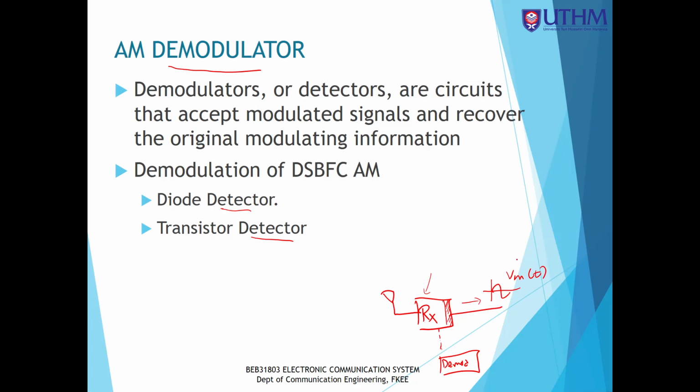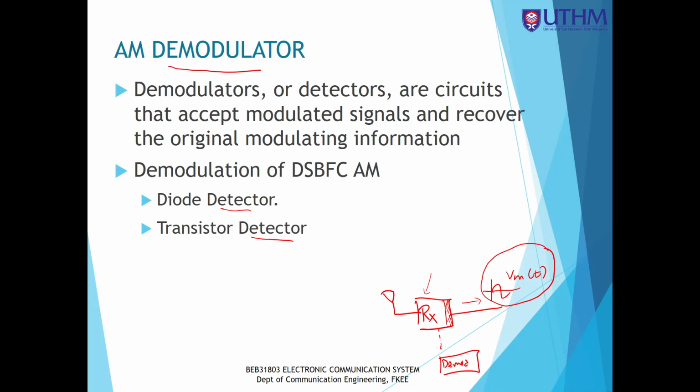So the main function of the receiver is to retrieve, to produce again, the same signal as the modulating signal from the transmitter. That's the main job of the receiver.